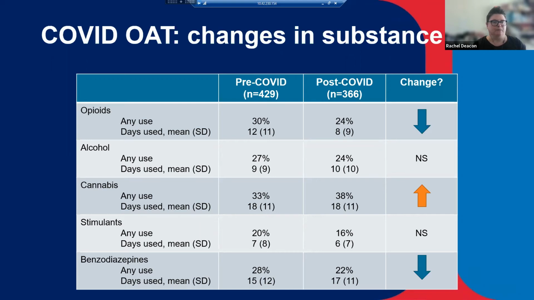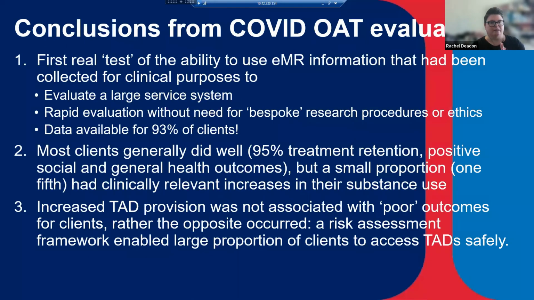So we had a look at people's takeaway conditions before and after COVID, and if they had a deterioration in their substance use by a clinically meaningful amount. And the conclusions from this were most clients generally did well. Most clients were retained in treatment, and in general, we saw positive social and general health outcomes.